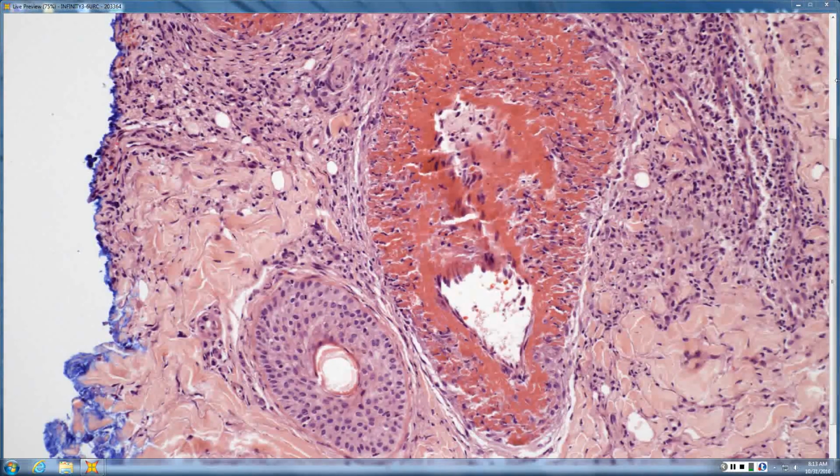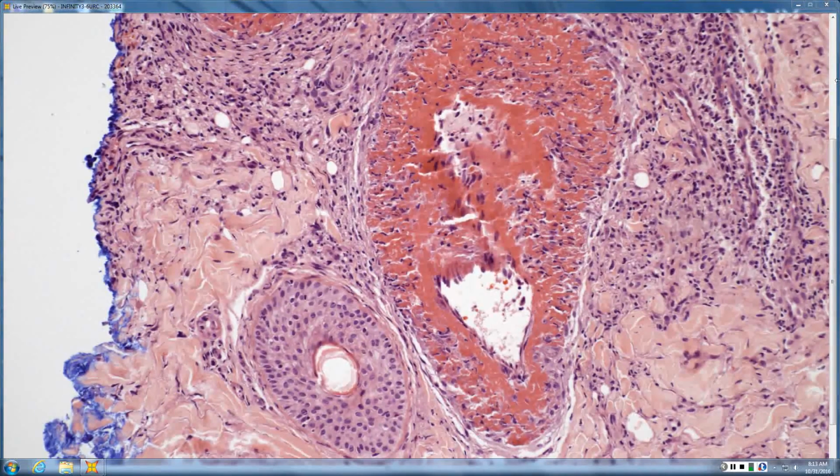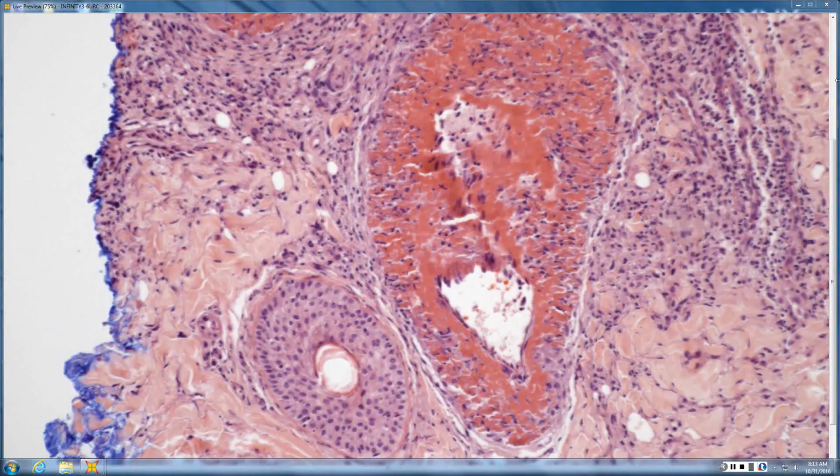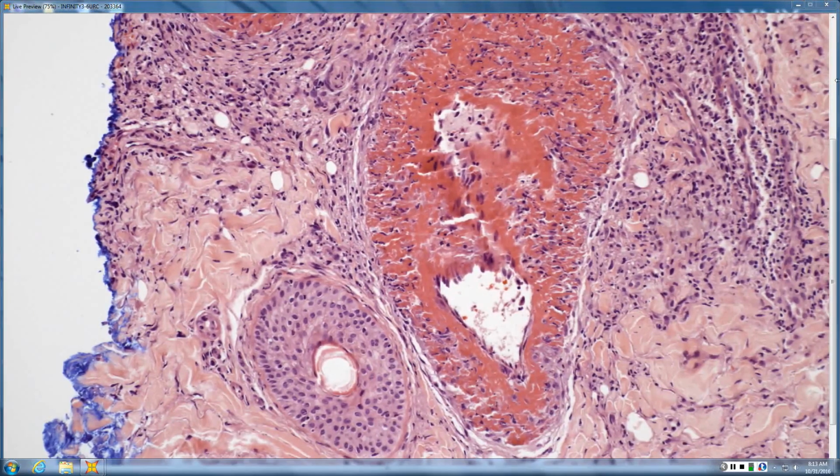So large, deep vessel. I think it may be like temporal arteritis. In order for it to be temporal arteritis, here we see mainly neutrophilic infiltrate. So in this one, it would be key to get a CD68, because if you have no histiocytes, if you have no giant cells, you do not have giant cell arteritis.